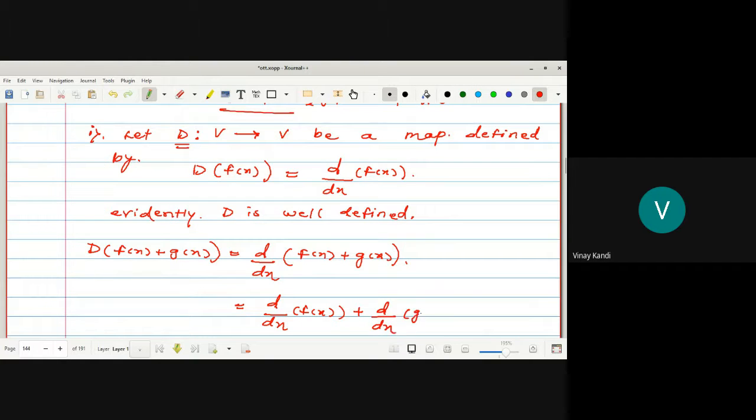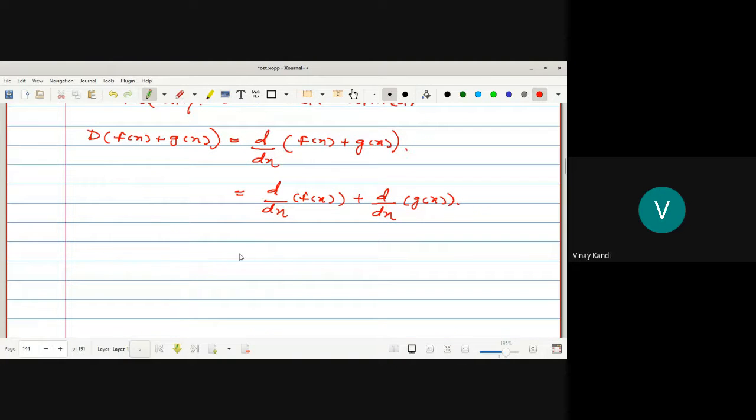So this is equal to D of f of x plus D of g of x. So here we get D of f of x plus g of x is equal to D of f of x plus D of g of x. This is the first condition.